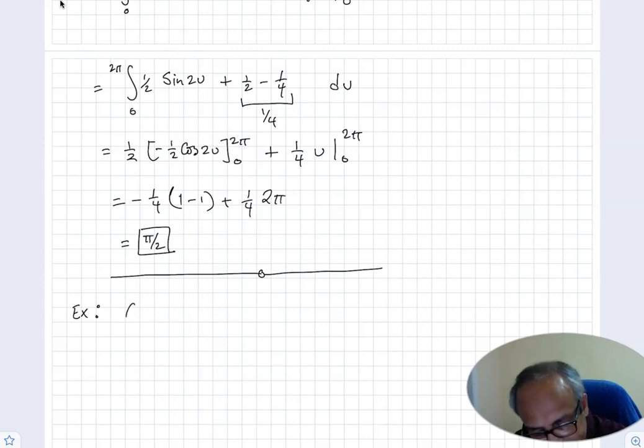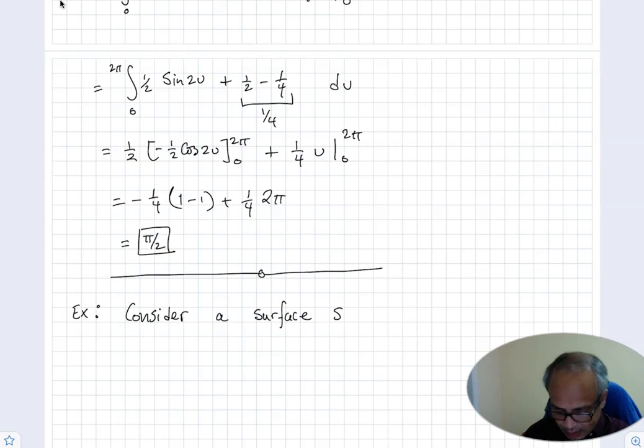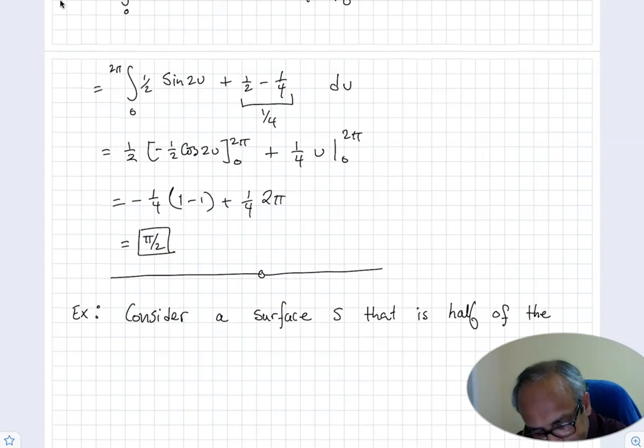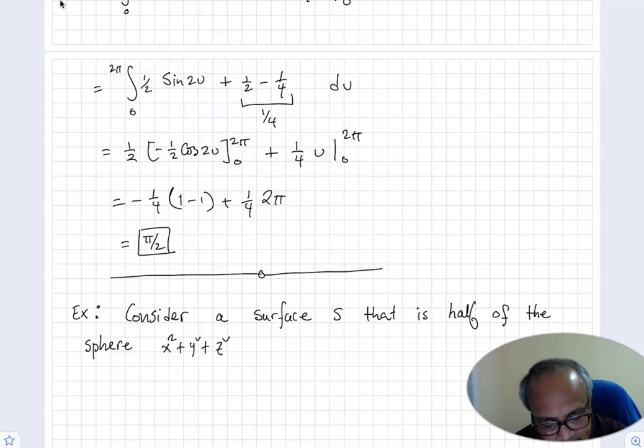In this exercise, I'm going to say consider a surface S that is half of the sphere. The sphere, which is x squared plus y squared plus z squared equals 1.